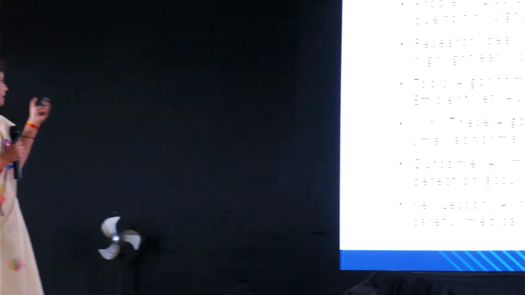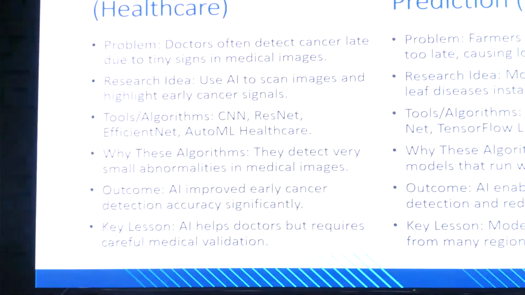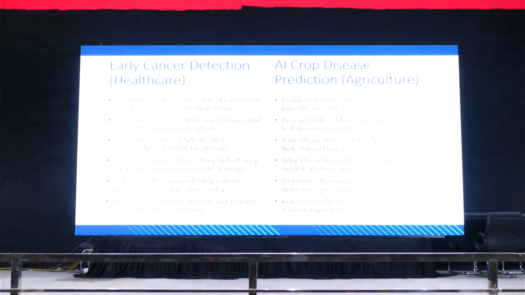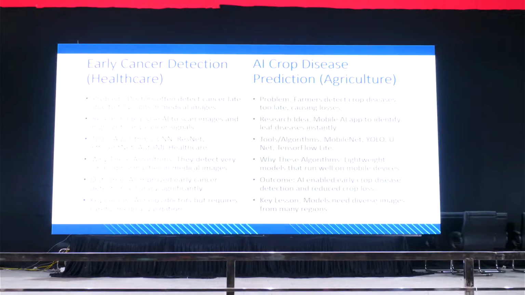Now next, these are the case studies, challenges and opportunities which I am going to discuss with you all: where AI is implemented and how we are using it. AI is working in every field. In healthcare, we are using artificial intelligence algorithms for early cancer detection.